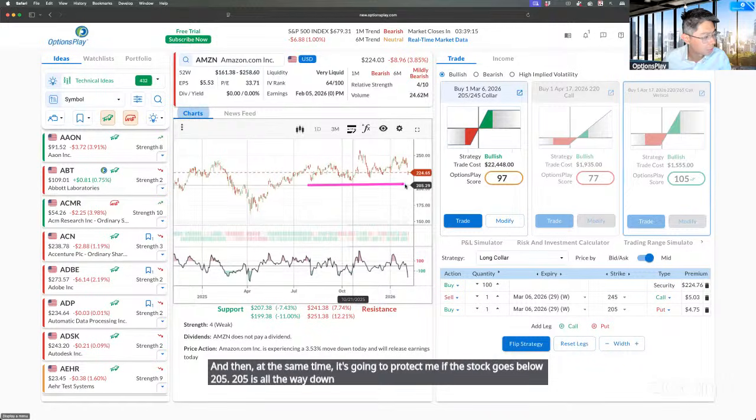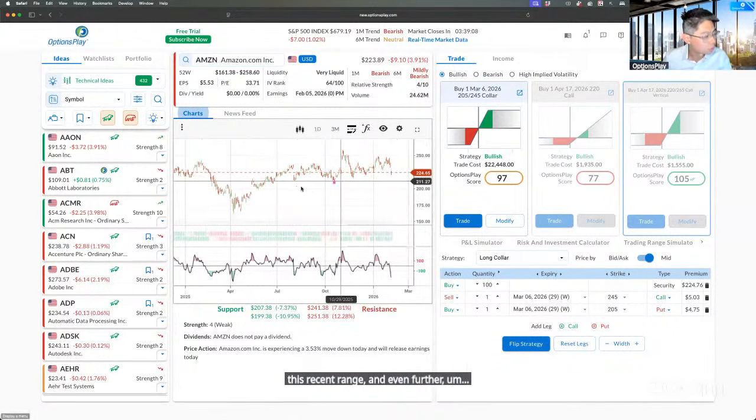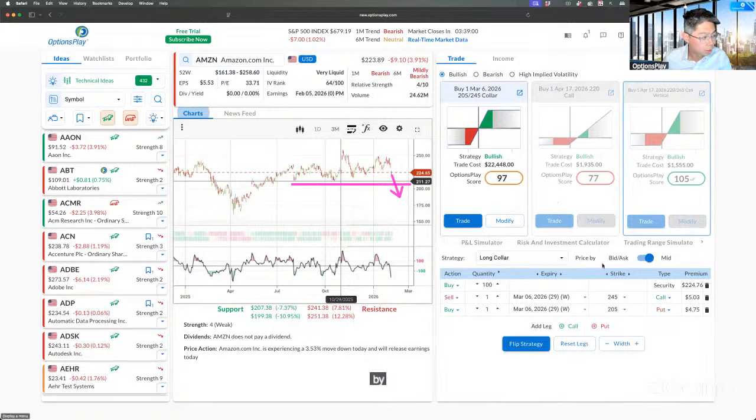It would essentially have to break below this recent range and even further. So we're really trying to protect ourselves from more of a catastrophic sell-off in this particular stock by trading this type of strategy, which is essentially zero cost.